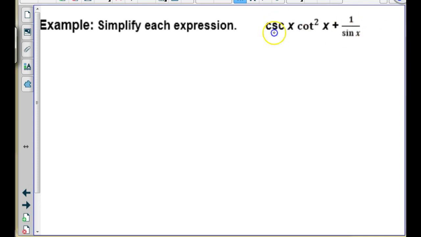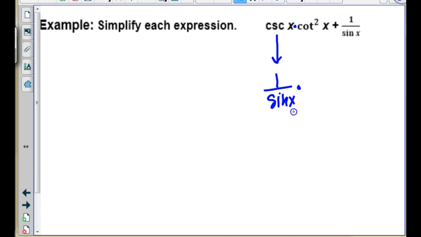Well, if you want to start by rewriting these in terms of sine and cosine, what would this one become, guys? Cosecant of x would be, is that a sine or a cosine? It's 1 over sine of x. Then there's implied multiplication here. The second part is cotangent squared.